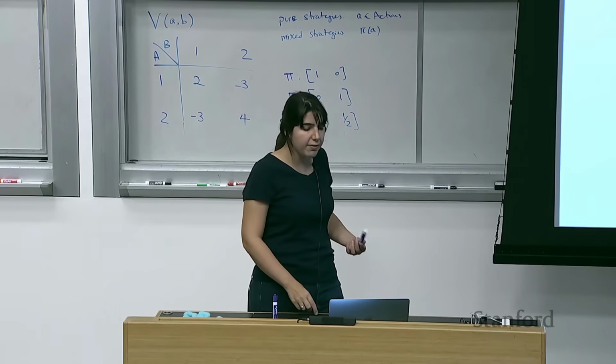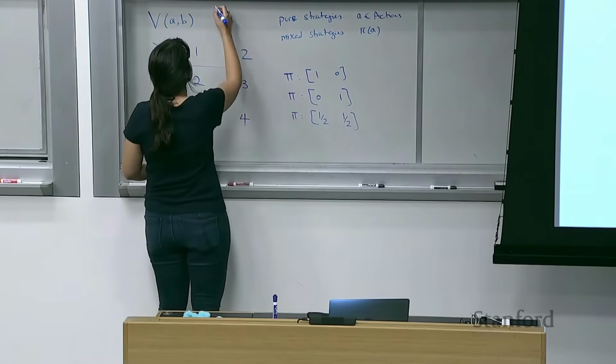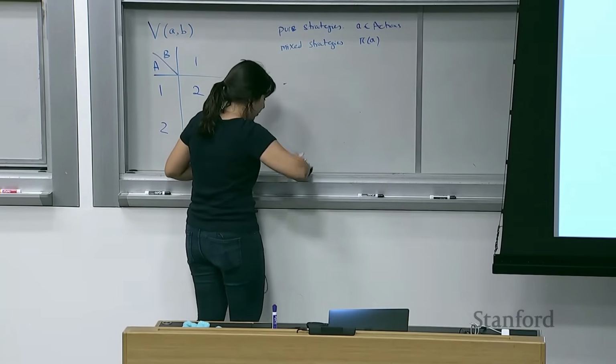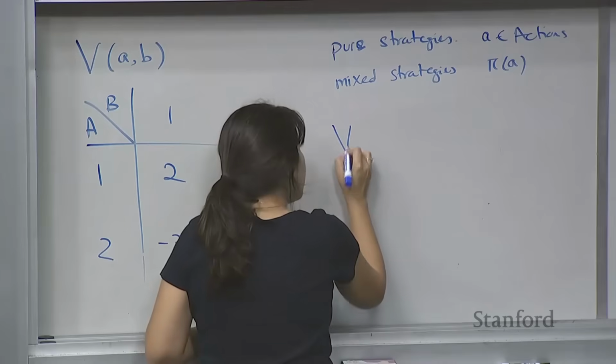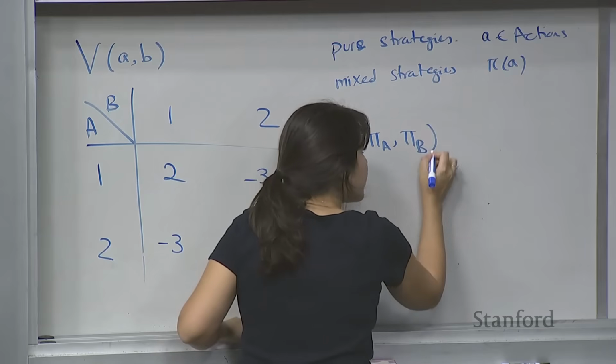All right, so how do we evaluate the value of a game? Remember in the previous lecture and in the MDP lecture, we were talking about evaluating. If someone gives me the policy, how do I evaluate how good that is? The way we evaluate that is again by this value function V, and we are going to write this value function as a function of pi A and pi B. So that's the value of agent A following pi A and agent B following pi B. What is that equal to?